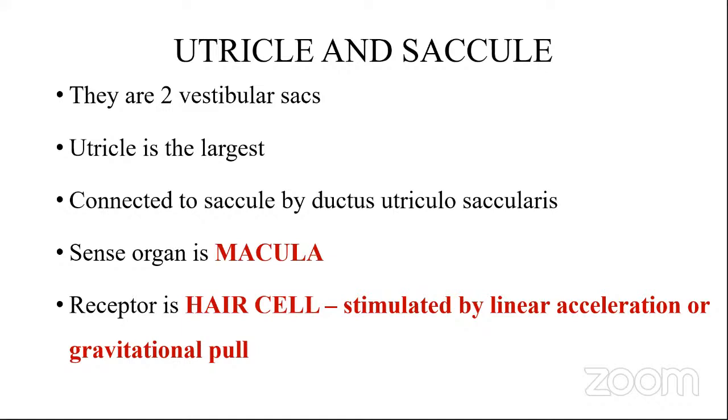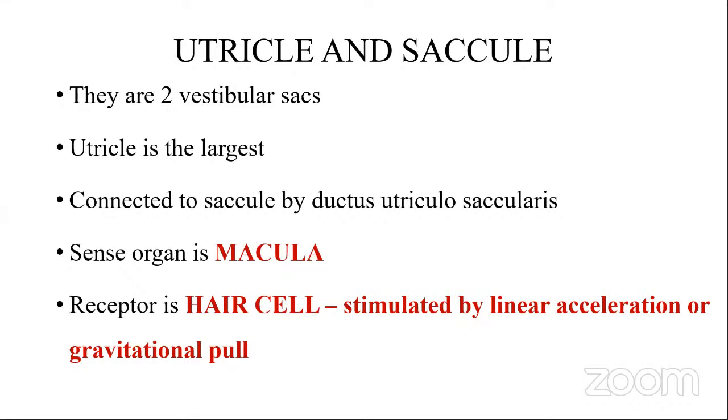So the semicircular canals, the crista is the structure and the hair cells. Hair cells are the receptors, and hair cell consists of two types of hairs. One is stereocilia, other is kinocilia.